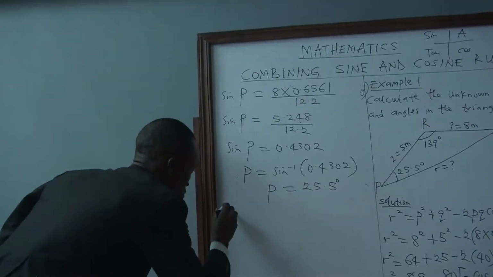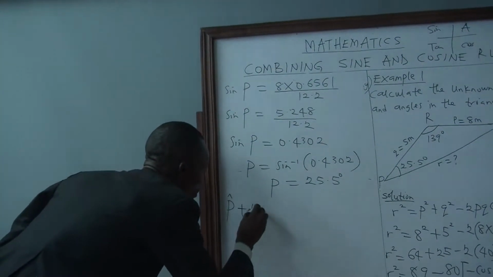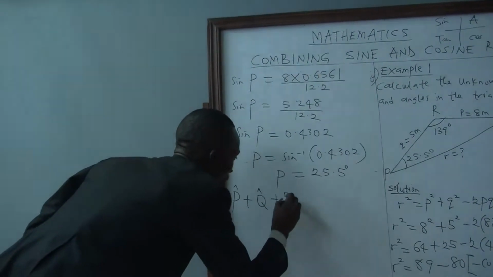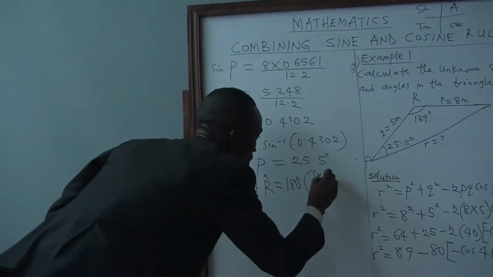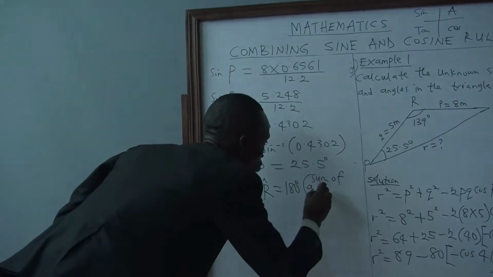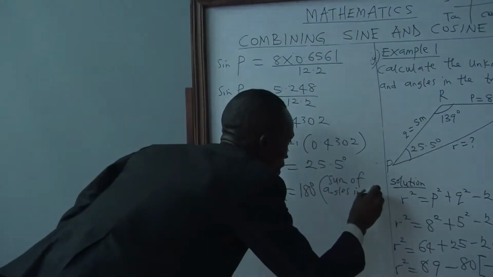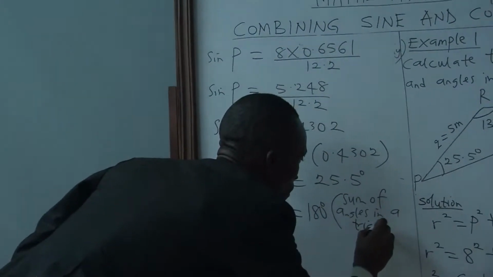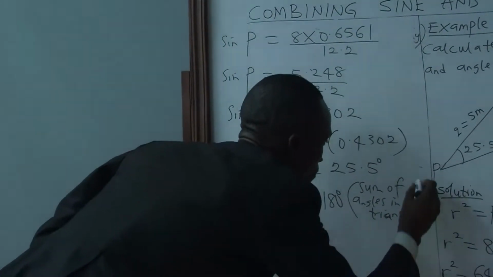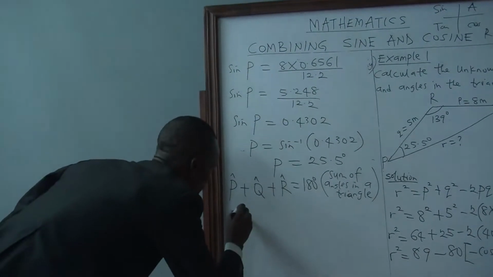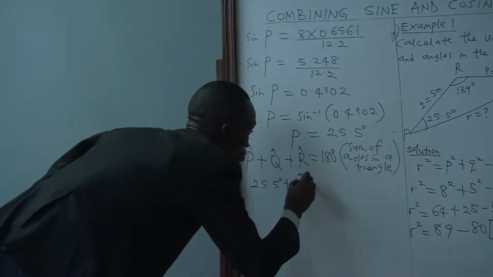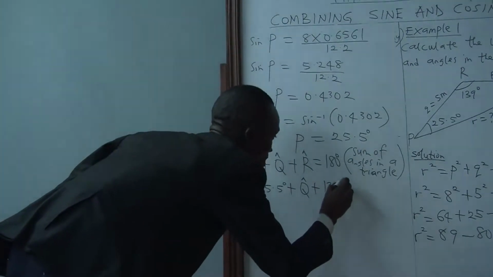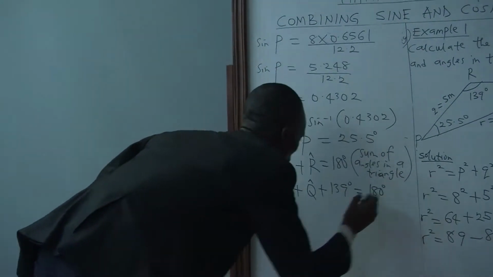Now we need to get Q. We have P plus Q plus R equals 180 degree, that is the sum of angles in a triangle. So P is 25.5, we are looking for Q, and we know R as 139 degree, equals 180.